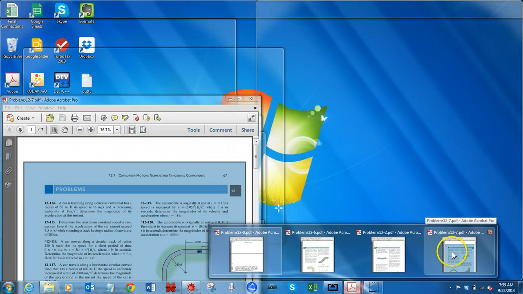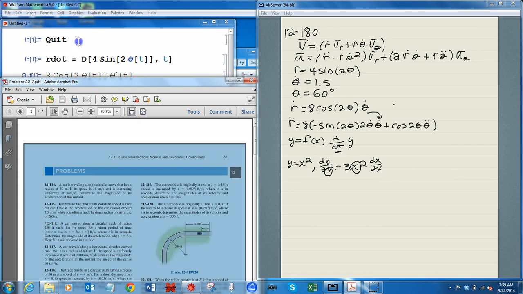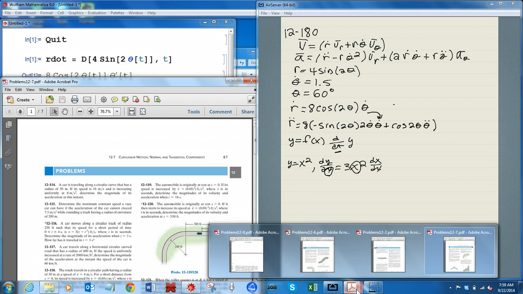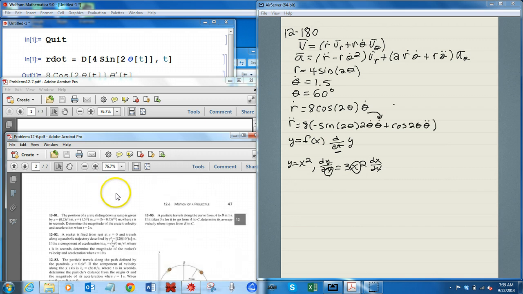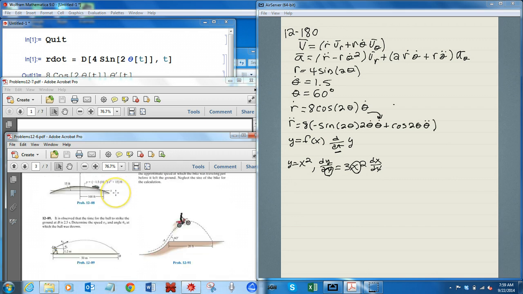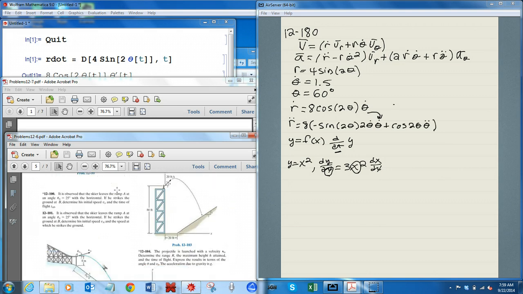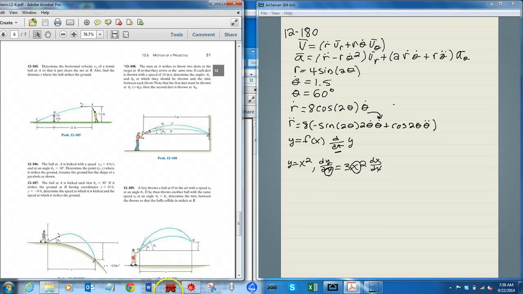I think it's number 7. Nope, 6. 108. There we go. All right, so let's see. Enlarge it.